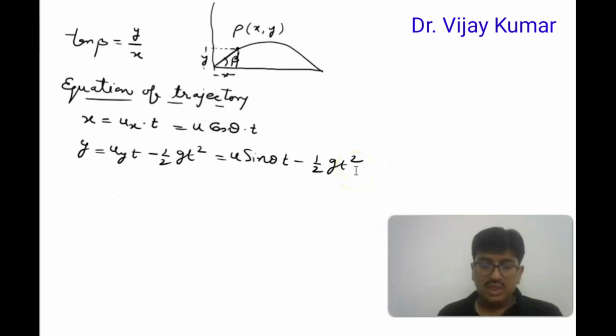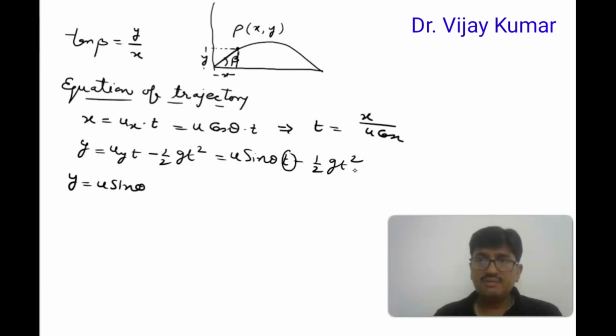From the first equation, t is equal to x upon u cos theta.